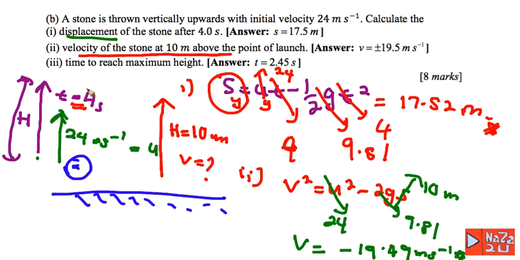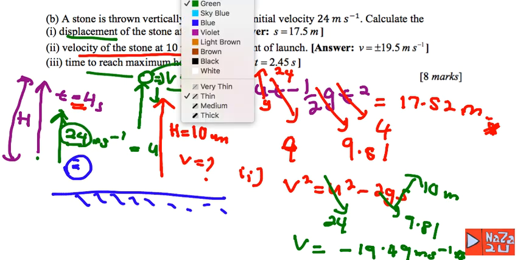Okay, the next one, time to reach the maximum height. The object moves upward, and before it starts moving downward, at the maximum height position, the final velocity v is equal to 0. So here you have an initial velocity and a final velocity.